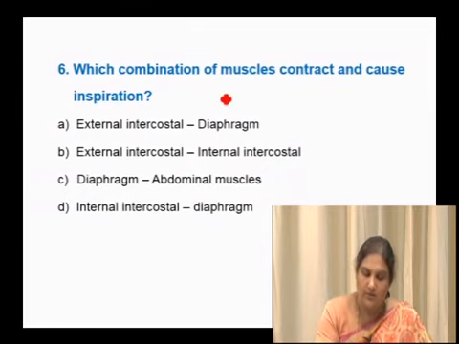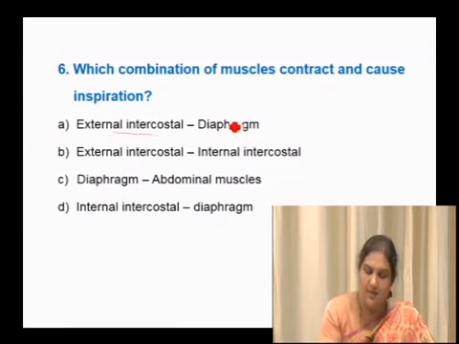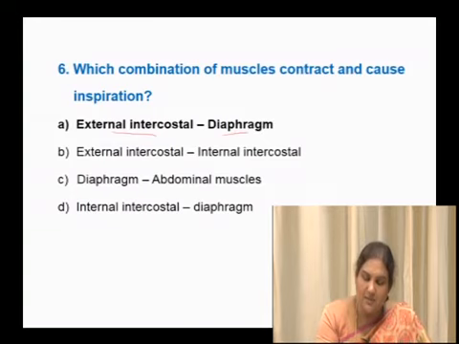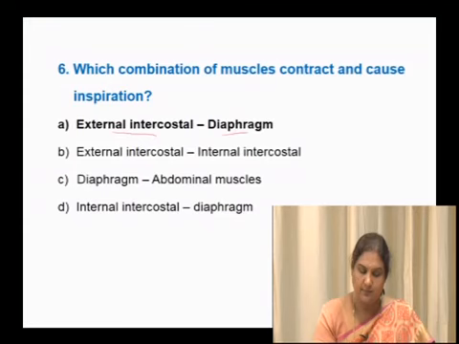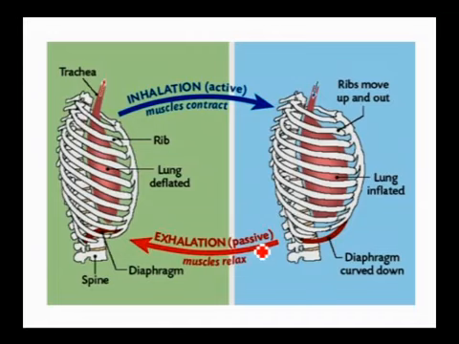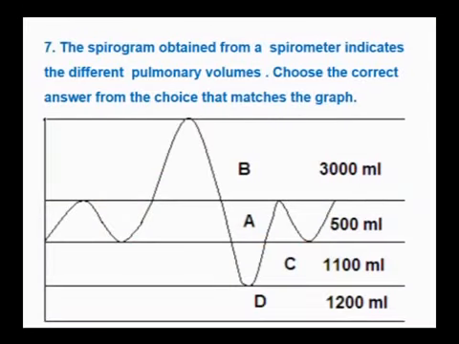The next question: which combination of muscles contract and cause inspiration? Obviously, it is the external intercostal muscles and diaphragm. But when the same muscles relax, the process will be exhalation. The picture which you had observed while the synopsis was given. The spirogram obtained from a spirometer indicates the different pulmonary volumes.